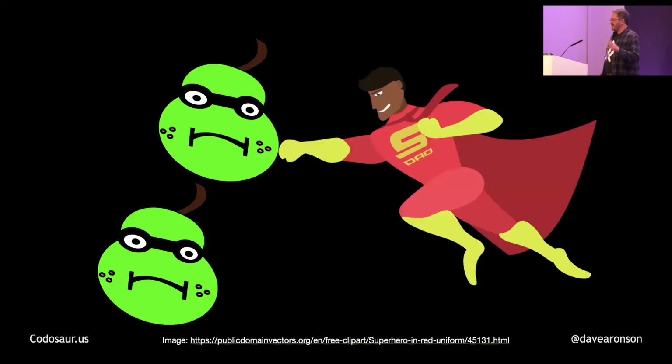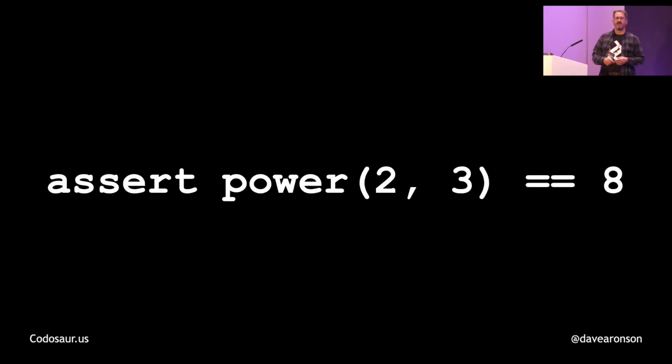But anyway, we can attack the argument swapping mutants separately. No need to kill all the mutants at once and be some kind of superhero about it. To do that, again, we can either add a test or adjust our existing test to something like this, to assert that 2 to the 3rd power is 8. 3 squared is 9, not 8.